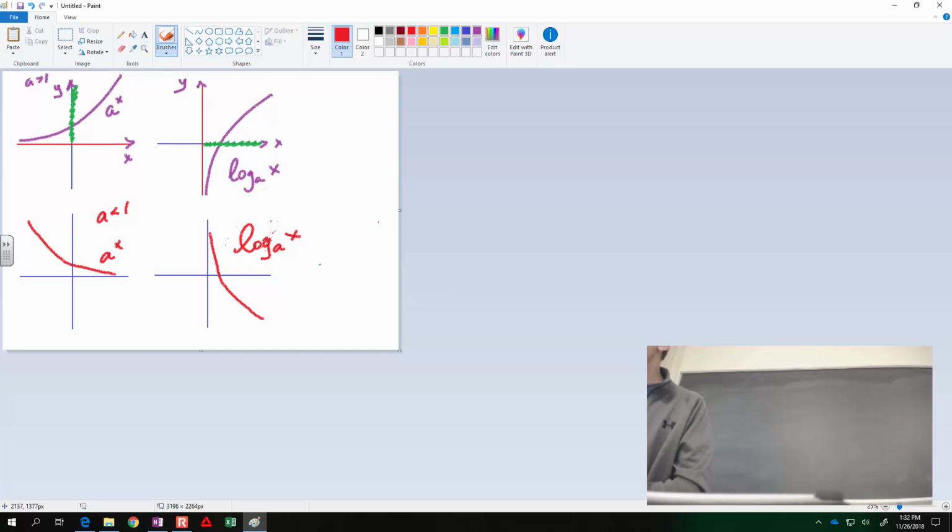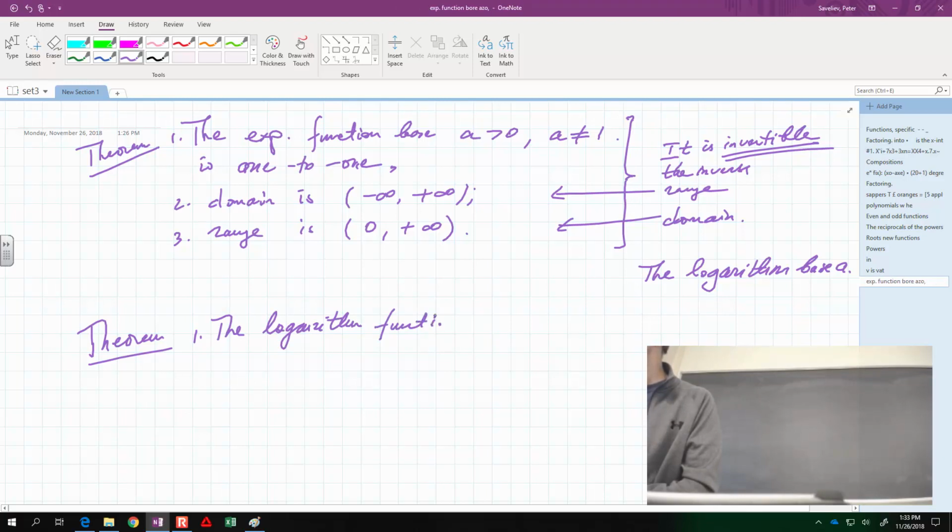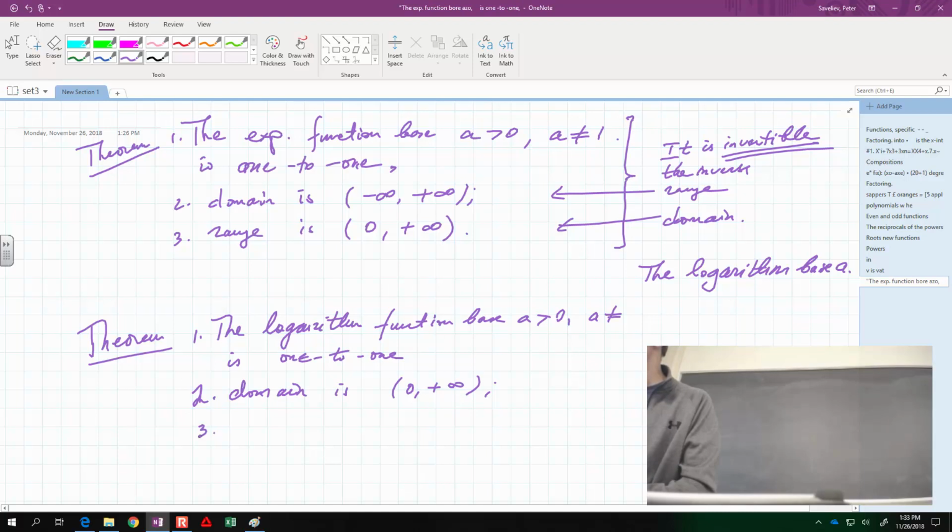Okay, so let me summarize what I have here. The logarithm function base a, once again with a greater than 0 but not equal to 1, is one-to-one, and the domain is 0 to infinity, and the range is negative infinity to infinity.